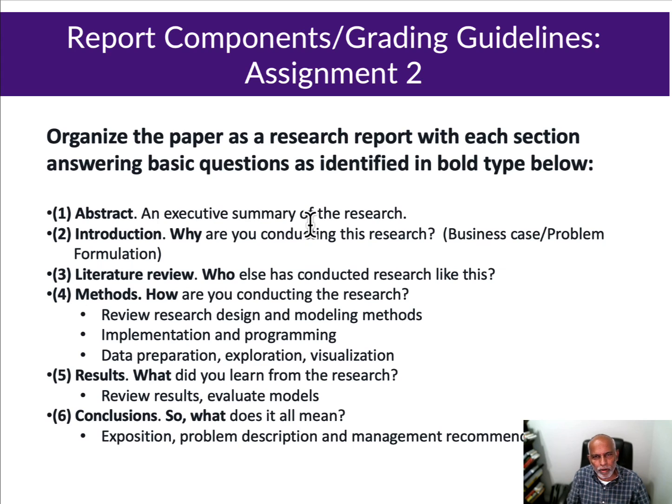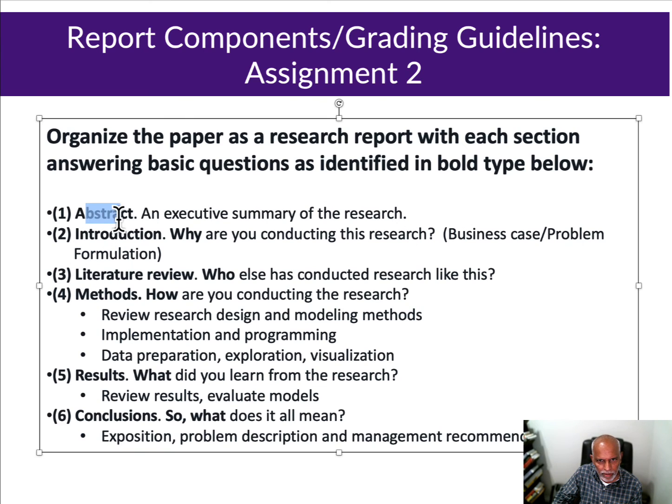The way we want you to write the report is as follows: organize the paper as a research report with each section answering basic questions as identified in bold type. Abstract, which means an executive summary. Introduction, which means why you are conducting this research, business case, problem formulation, picking from practical life where this can be applied. Literature review, who else has conducted research like this.